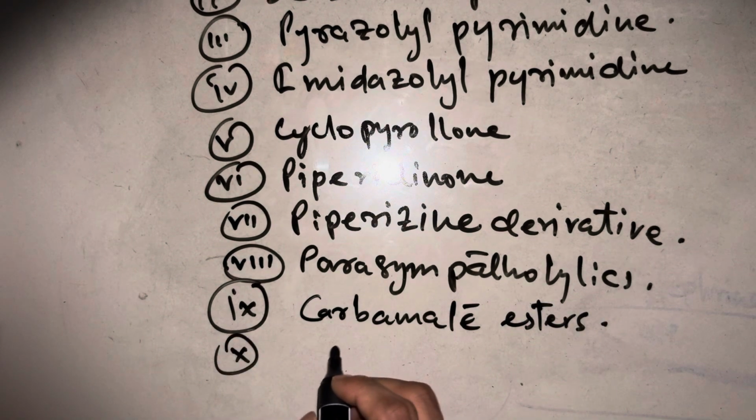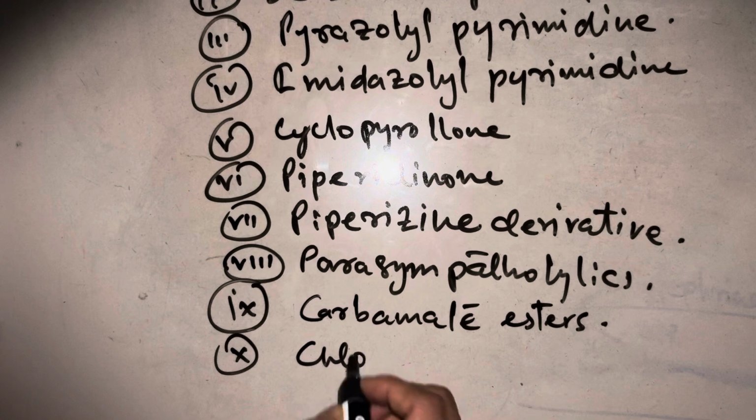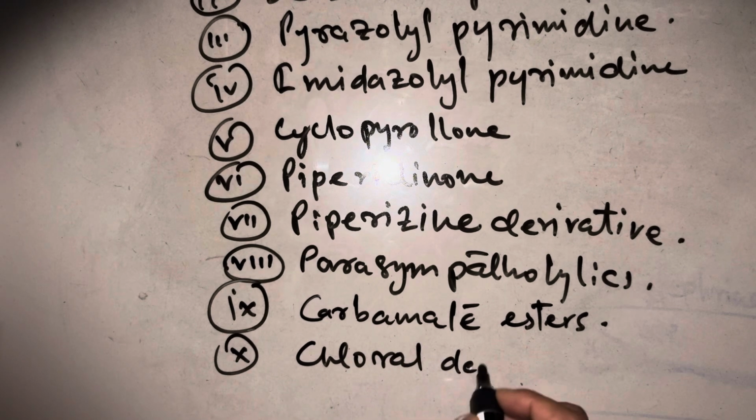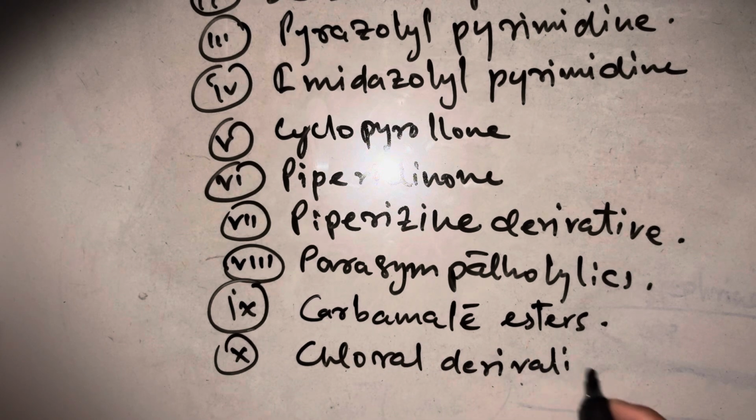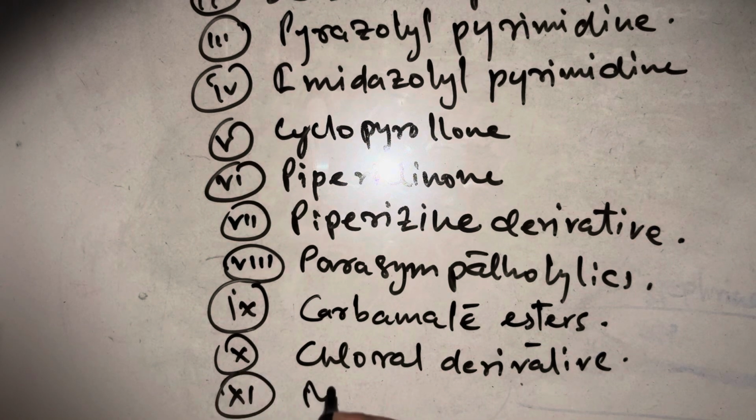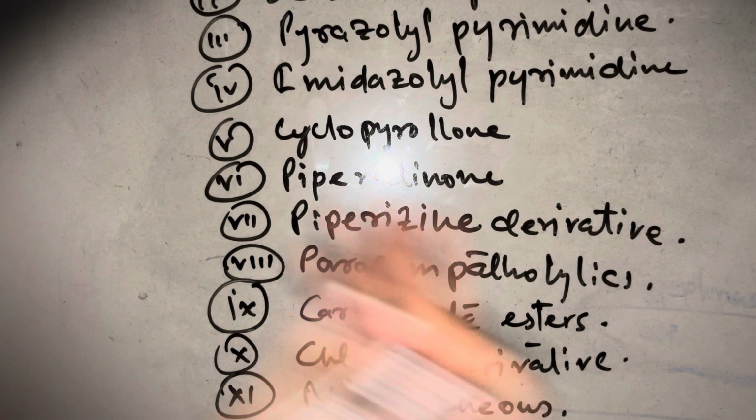Class 10 is chloral derivative, and class 11 is miscellaneous. Now we will see the different examples.